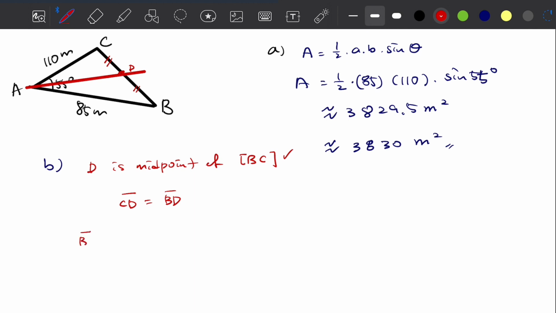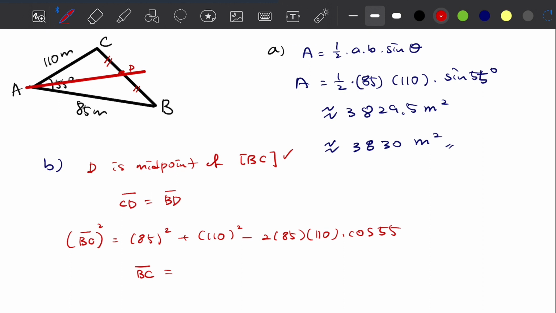The line BC squared is equal to 85 squared plus 110 squared minus 2 times 85 times 110 times cosine 55, which gives me the line BC. Then the line BC is the square root of 8,599.12, so the length of the line BC is approximately 92.73, right?